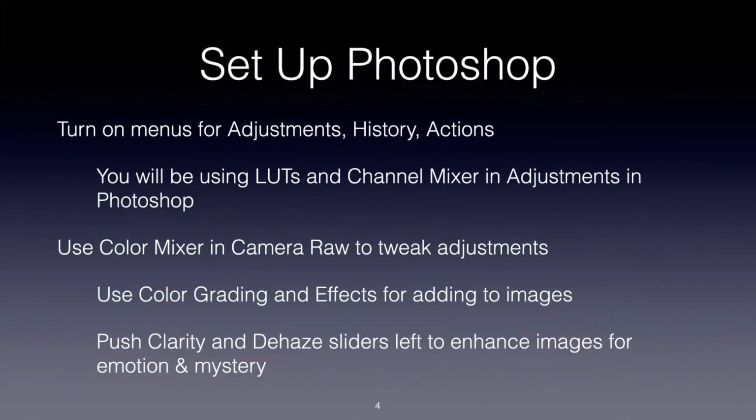You use color grading and effects for tweaking the adjustments. I suggest you experiment with pushing clarity and dehaze sliders left because you want your images to have more than just color. You want them to have emotion and mystery. That makes better images. And sometimes bright, shiny images and digital cameras take all the mystery out.